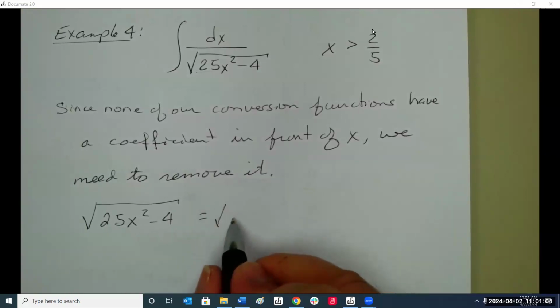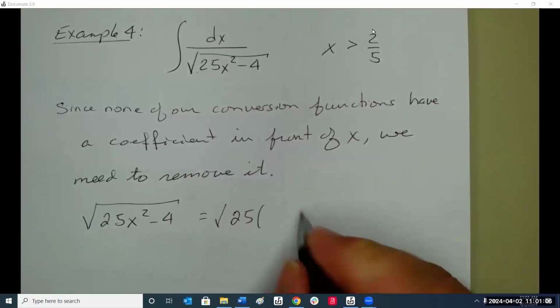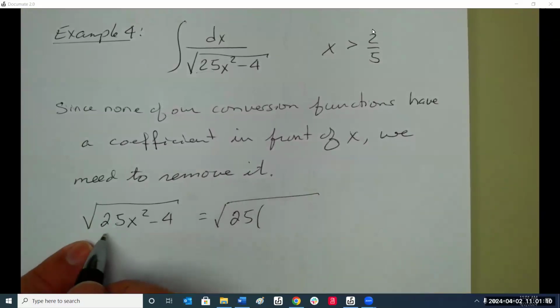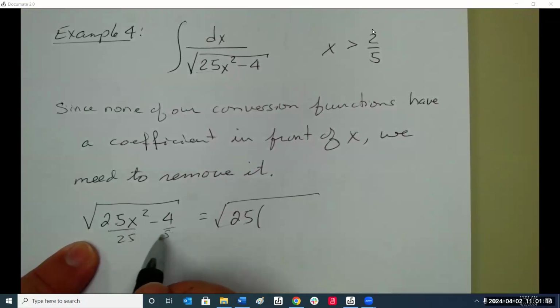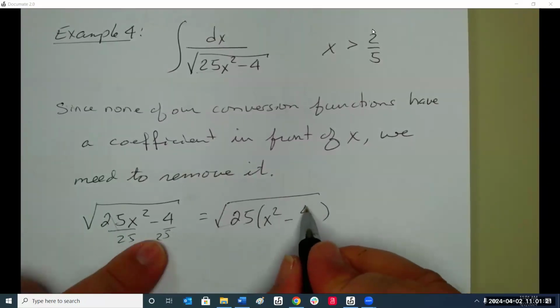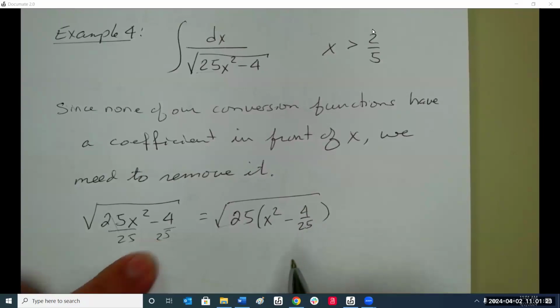If we factor out a 25, remember, when we factor something out, to figure out what goes inside the parenthesis, you divide. So that we have x squared minus 4/25.